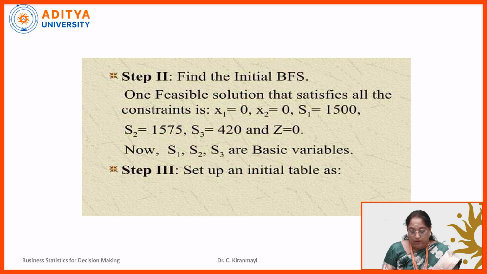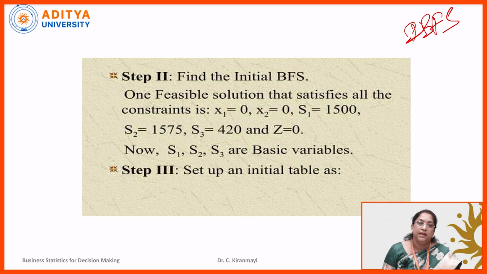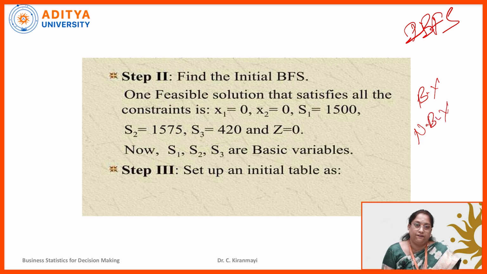After transforming the given linear programming problem into standard form, the next step is to find the IBFS, that is the initial basic feasible solution, by finding the basic variables and non-basic variables. To find the initial basic feasible solution, we substitute the variables x1 and x2 with 0.